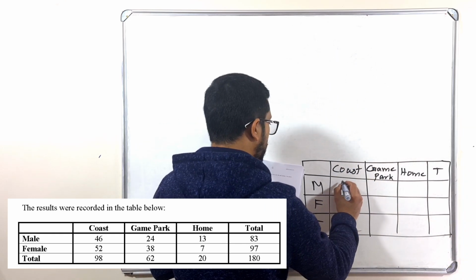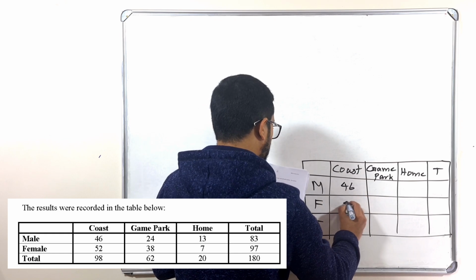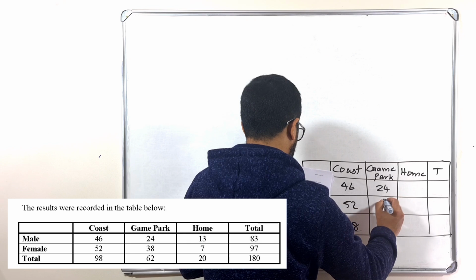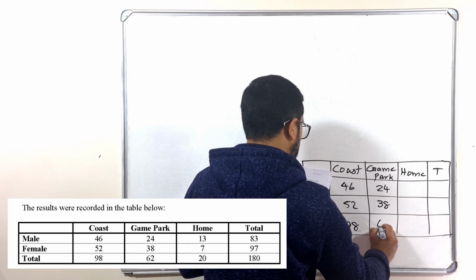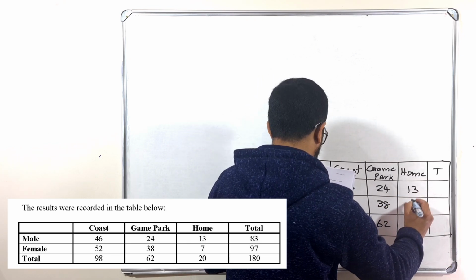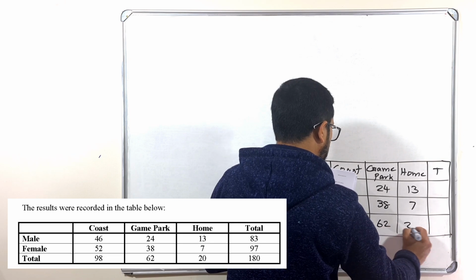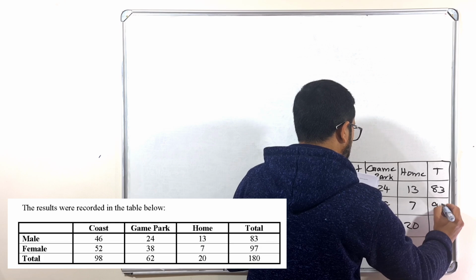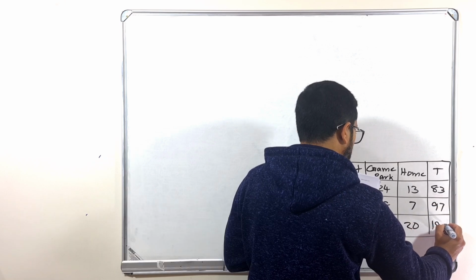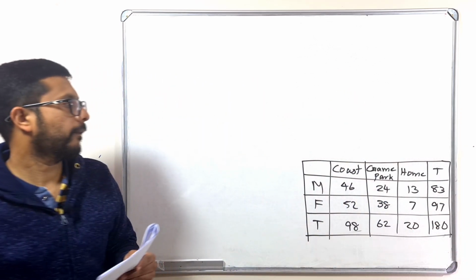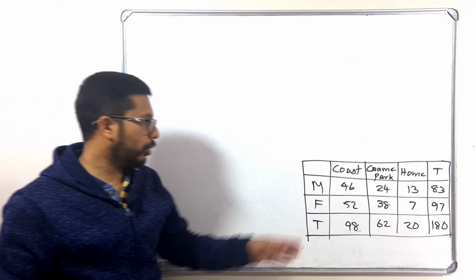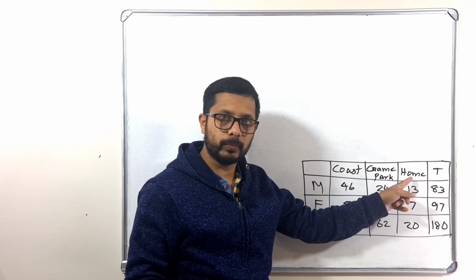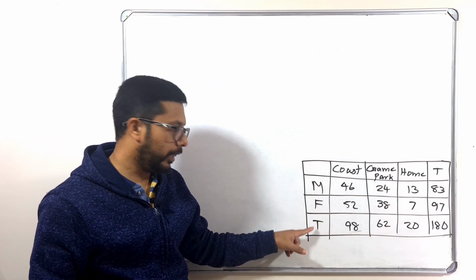Here male 46, 52, total 98; 24, 38, 62; 13, 7, 20; total 83, 97, and overall total is 180. So they have three options: either go to the coast or game park, or stay at home, for male, female, and the total.